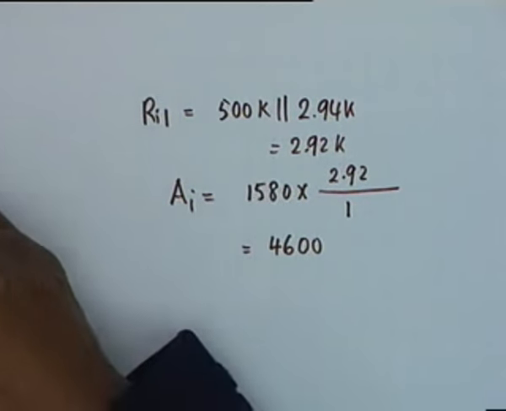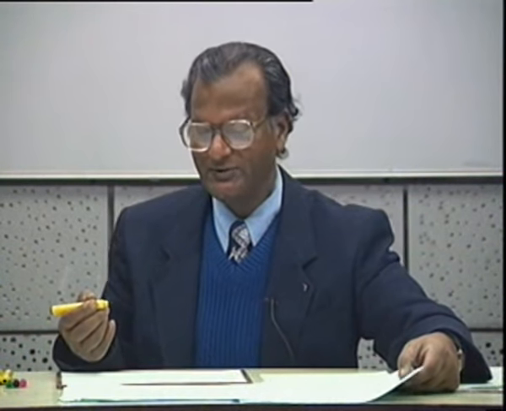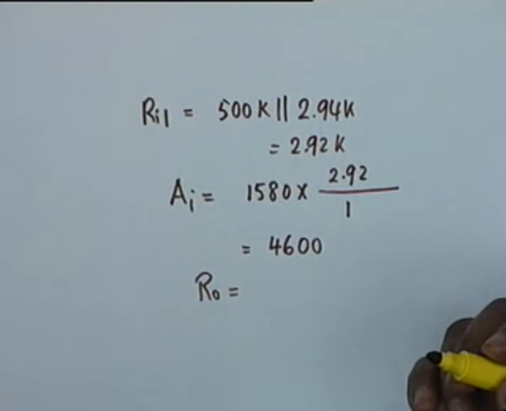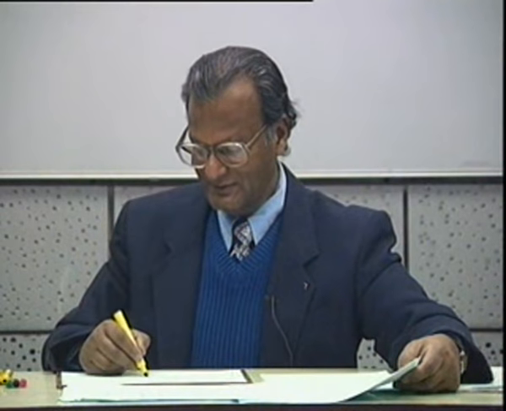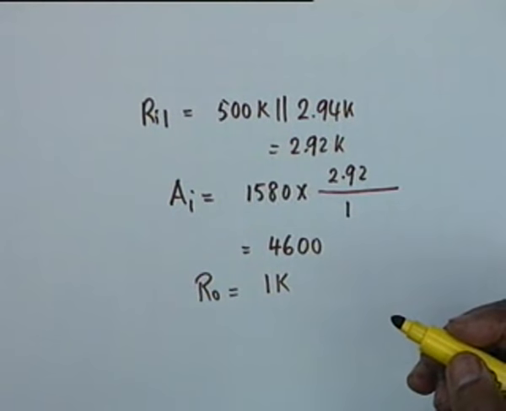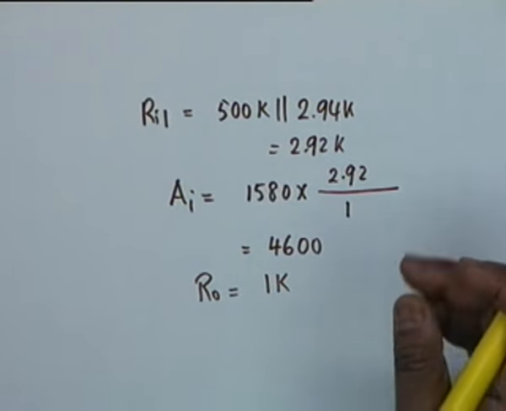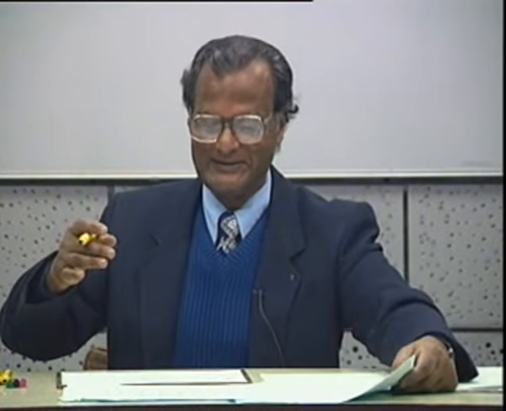And finally, you can calculate AVS. What would be R0 for this amplifier? The output resistance. I mean, 1K parallel. No, don't make this mistake. It is the resistance. No GM, no 1 by GM.